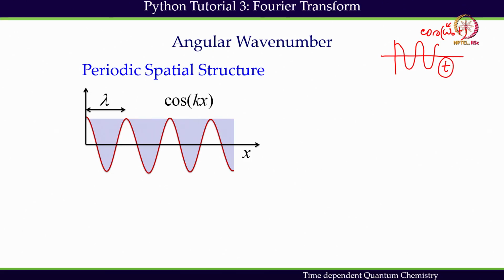Similarly, for a spatial structure, say a 2-dimensional spatial structure x y, one can think of periodic variation. Let's say there is a hill, then a valley, then a hill, then a valley. This is the way a periodic structure changes in space.